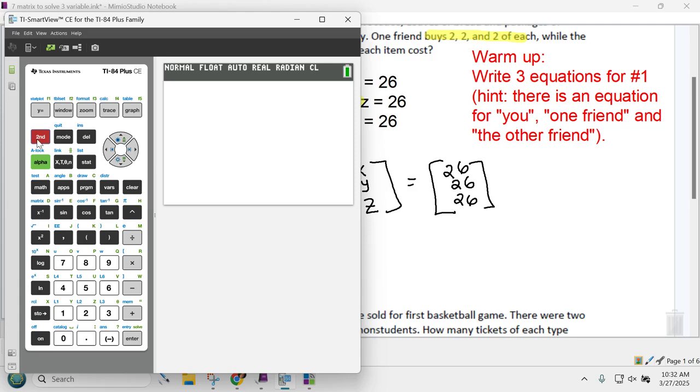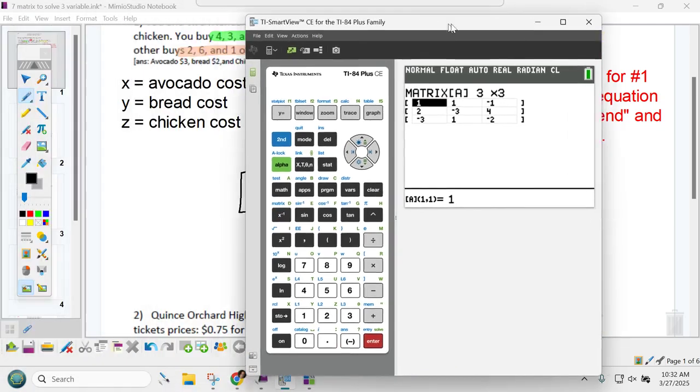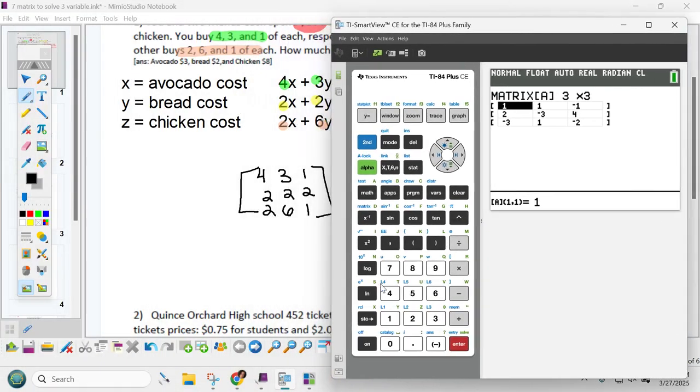I go to second, x to the negative 1, the matrix menu, edit. It's a 3 by 3 here. And I've got 4, enter, 3, enter, 1, enter. So type in all your entries.